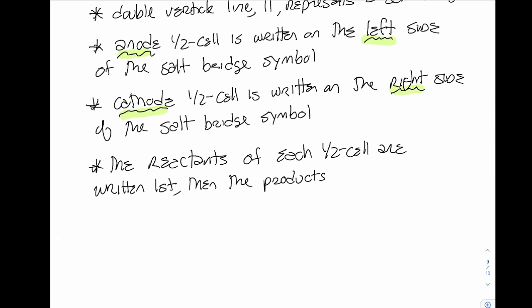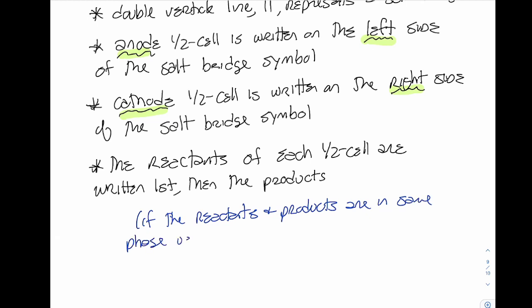So I'm going to add this here: if the reactants and products are in the same phase, and we will do an example like this, use a comma between them.